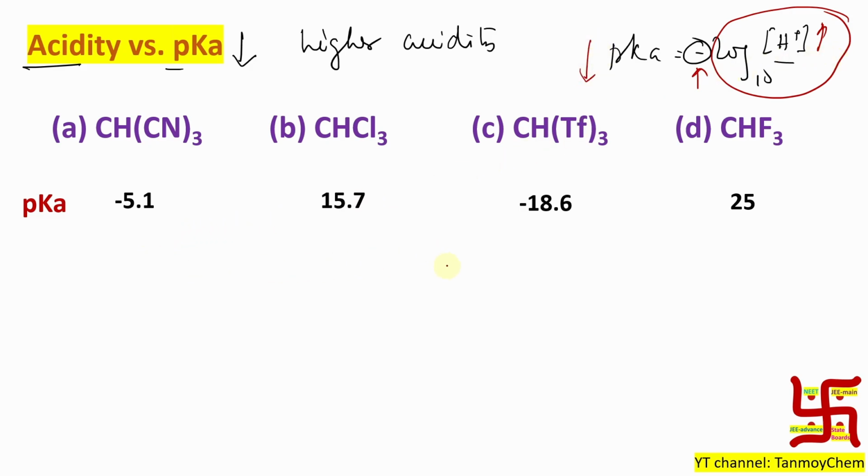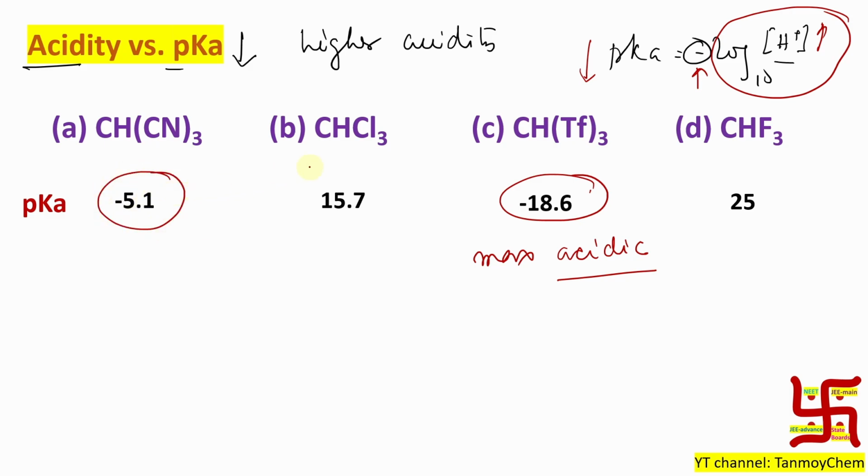So here, who has the minimum pKa? This is the minimum pKa, so you can say this is maximum acidic. By the way, this was our question. And now you may think, sir, this is stronger than even chloroform and fluoroform. This cyanoform is a stronger acid.